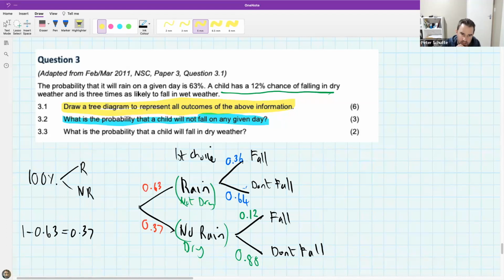I think on any given day, the probability of not falling has to be those 2 branches. So how would we work out the probability of those 2 outcomes?